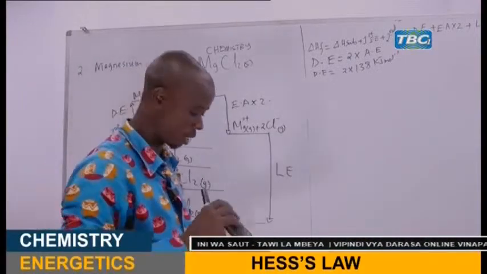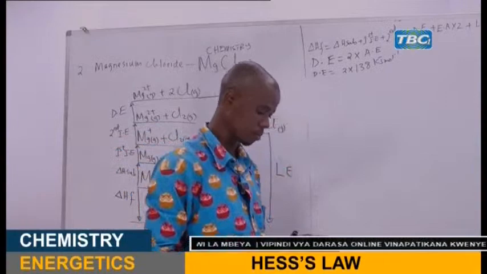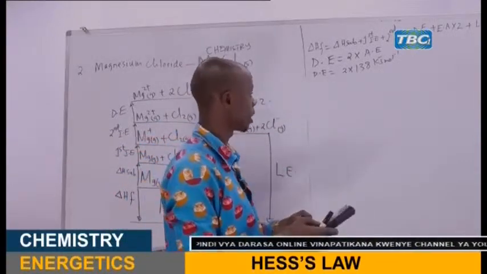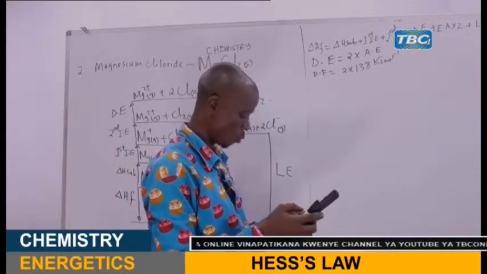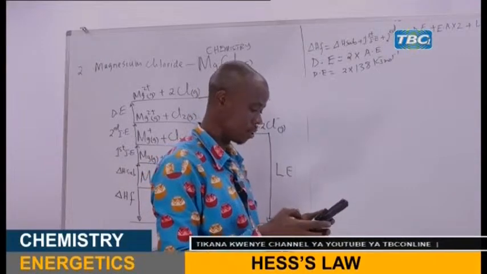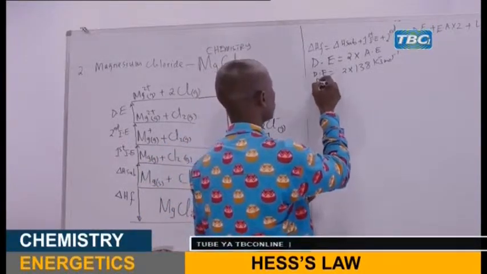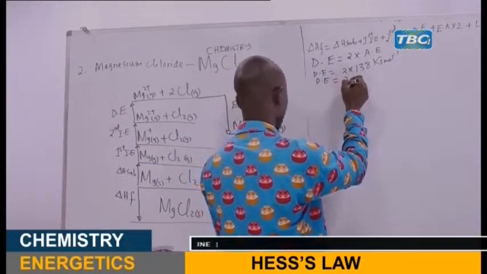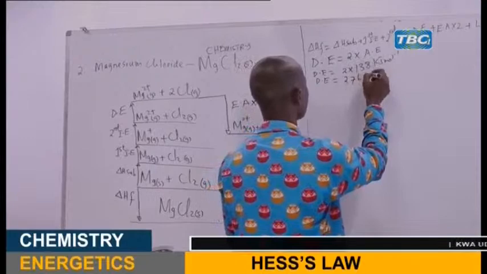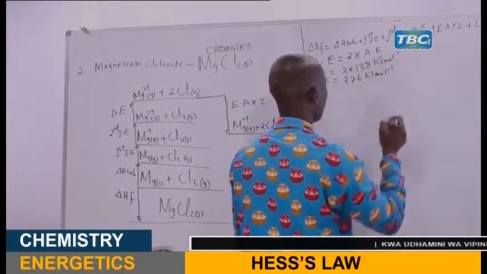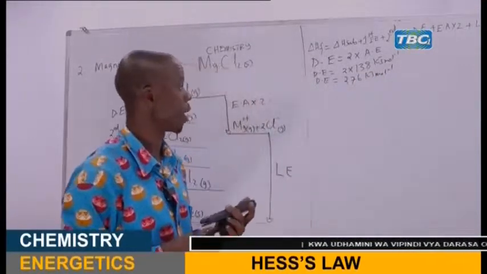I'm sure that you have the calculator. Hope you're following this program. Now, when you take your calculator, you take 2 times 138, you're going to get 276. So dissociation energy will be equal to 276 kilojoules per mole.